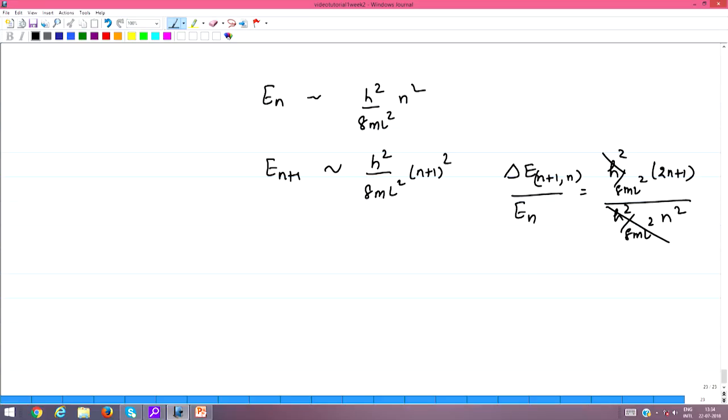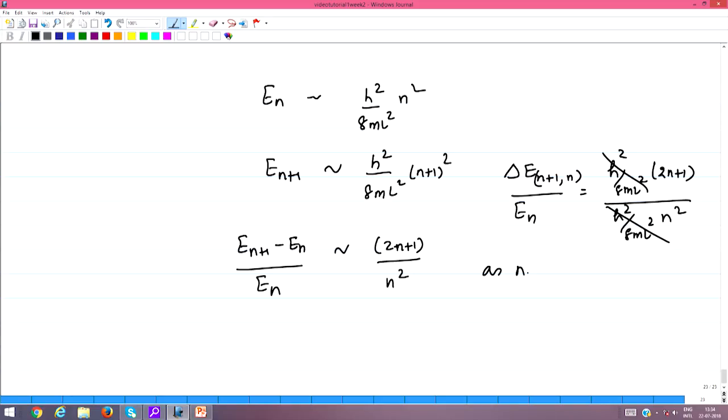So, this goes away. What you have is essentially (E n plus 1 minus E n) divided by E n is (2 n plus 1) by n square.